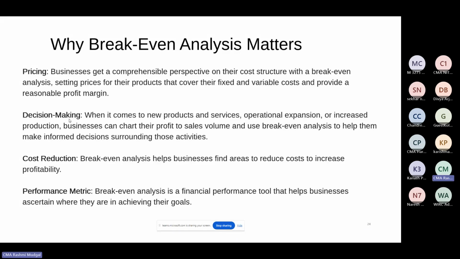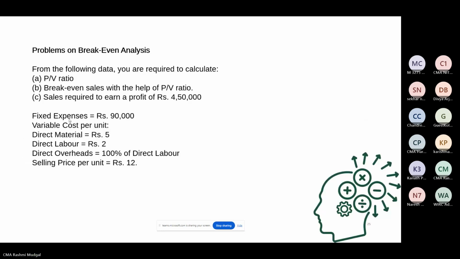So we are going to solve one problem with this. Here it is. It will cover small things also, which we will discuss in further slides, but I am taking this full-fledged problem where you need to calculate the PV ratio, which I have already told you is the profit volume ratio, the contribution volume ratio, break-even sales with the help of PV ratio, and sales required to earn a profit of 4,50,000.